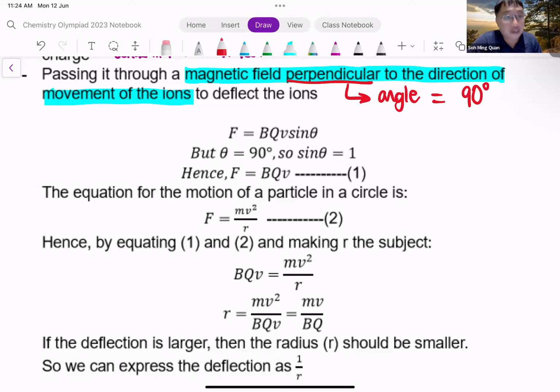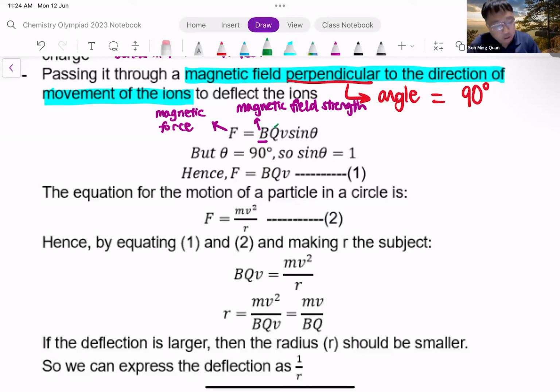So the equation is F = BQV sin θ. Let's break this down. F is the magnetic force acting on the ion. B is the magnetic field strength. Q is the charge on the ion.